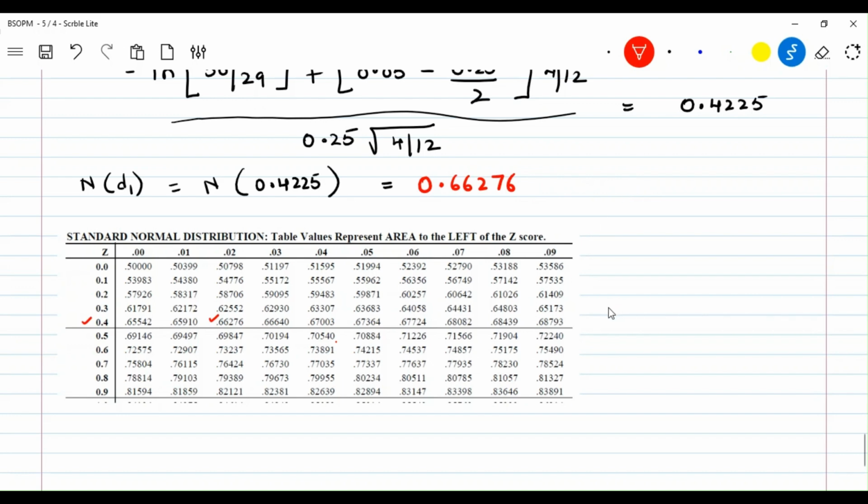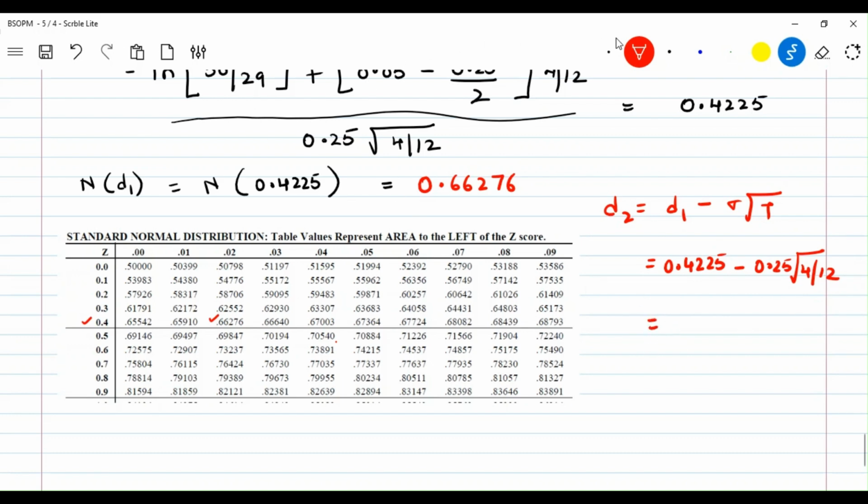Now I have to calculate the value of ND2. For that, I should know what D2 stands for. D2 is basically D1 minus standard deviation times the square root of time. So we will quickly do the calculation: 0.4225 minus 0.25 times the square root of 4 by 12.